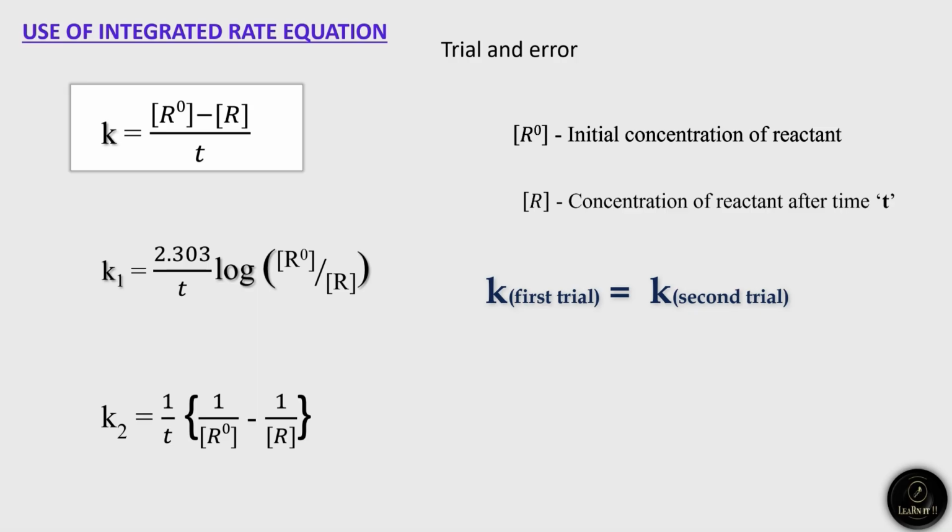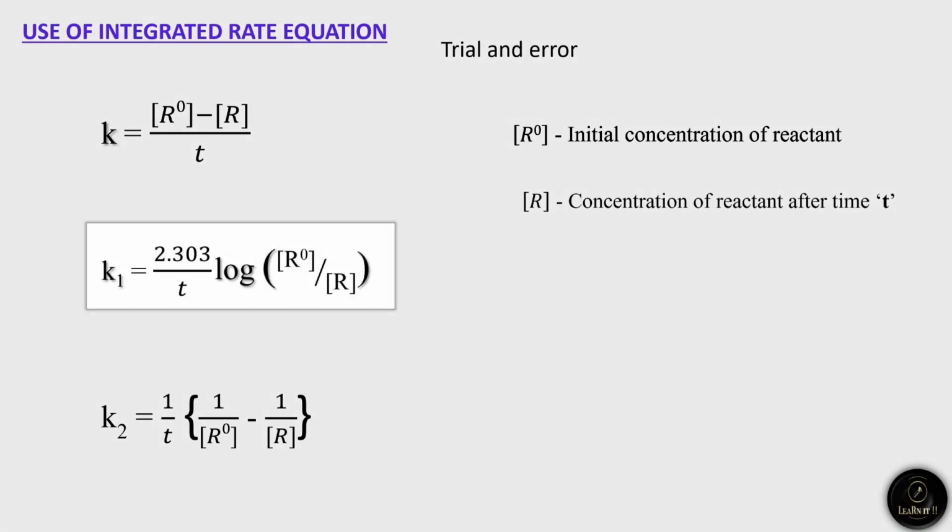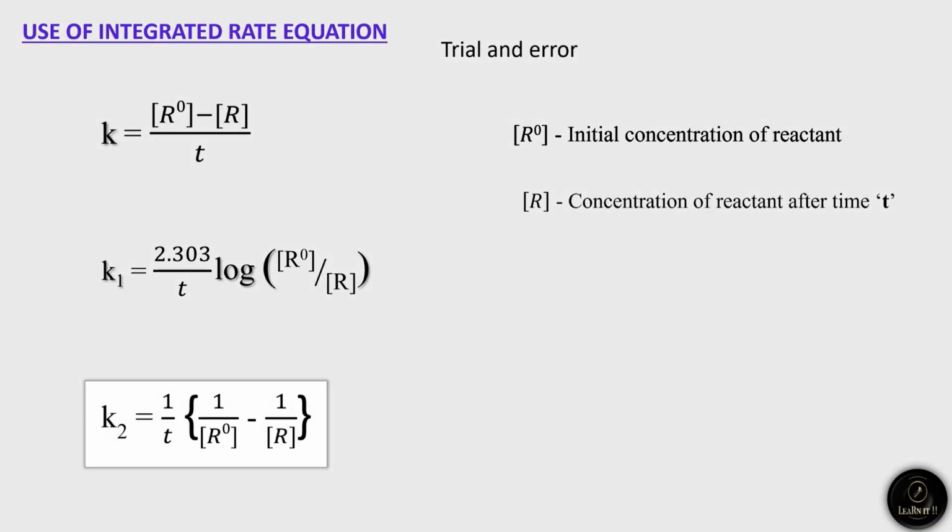If these two values are different, then we need to move to the next integrated rate equation, that is the integrated rate equation for first order reaction. At that time, if both the values of K are the same, then it is considered that the reaction is of first order. If not, we need to move on to the next integrated rate equation, that is the integrated rate equation for second order reaction. In conclusion, we use the kinetic data and put it into different integrated rate equations. And whichever integrated rate equation gives the constant value of K gives the order of reaction.